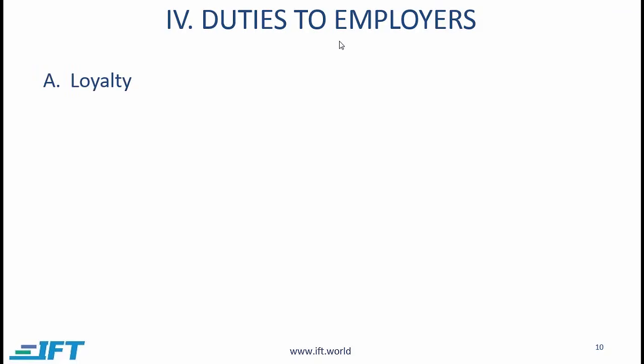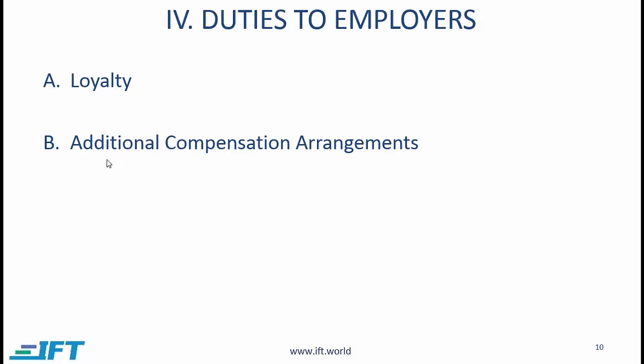There are 3 substandards. 4A is loyalty. In matters related to employment, you must act for the benefit of your employer and not deprive your employer of the advantage of your skills and abilities. You must not divulge confidential information or otherwise cause harm to your employer. 4B is additional compensation arrangements.